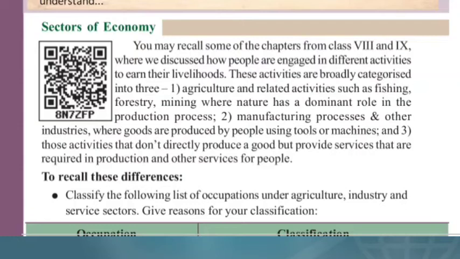Agriculture, industrial and service sectors are all interdependent, meaning interlinked. In the service sector, there is no free service. By giving their services, they collect some money also. So all these sectors are very important for any country. Understand?